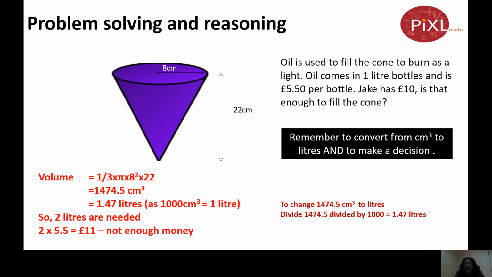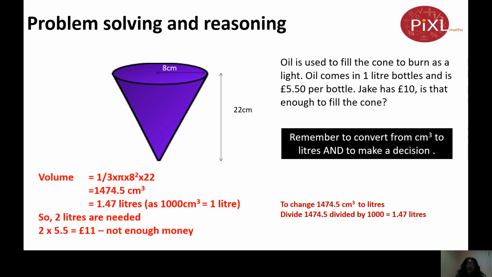For the second question, we need to work out the volume of the cone. The volume of the cone is this because the 8 is the radius. We substitute, we work out, and that's it.